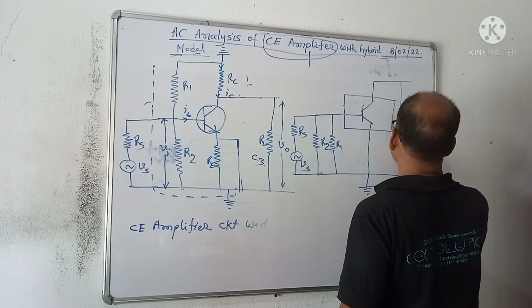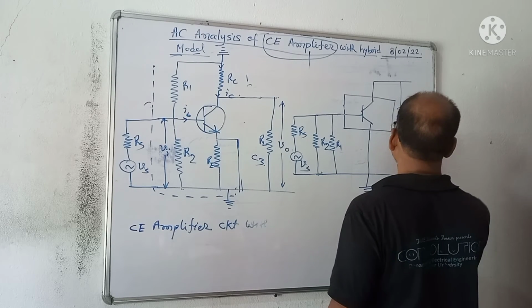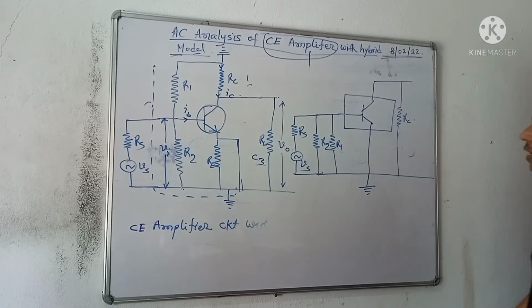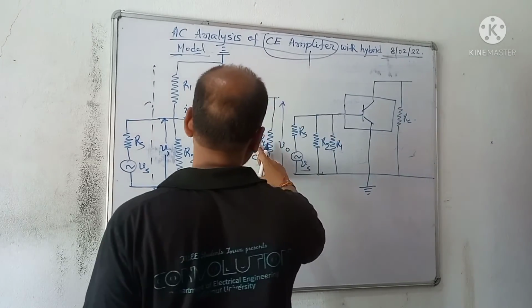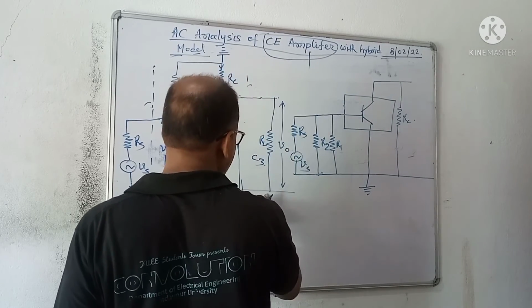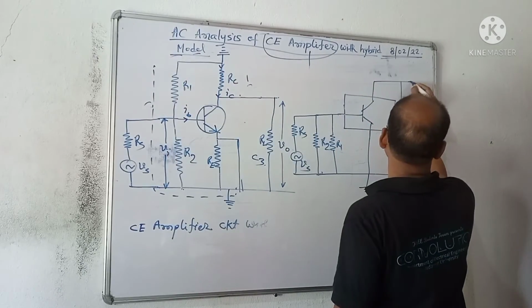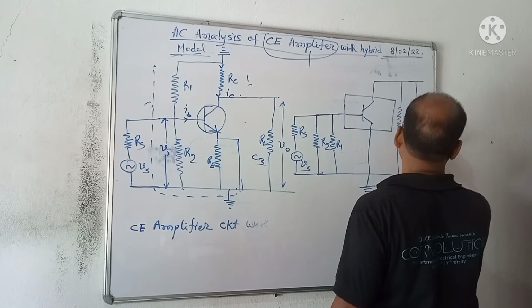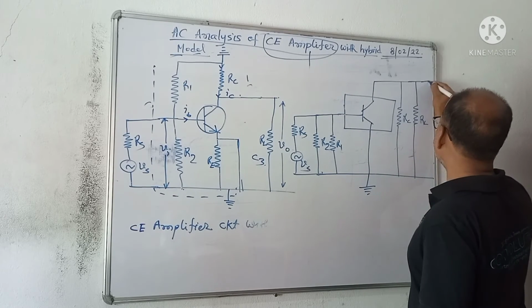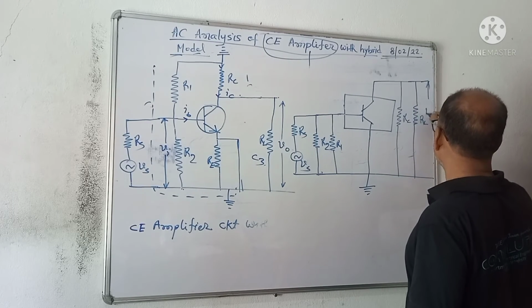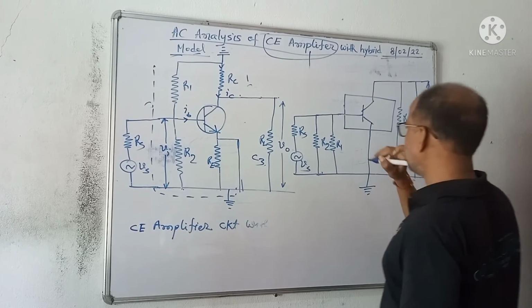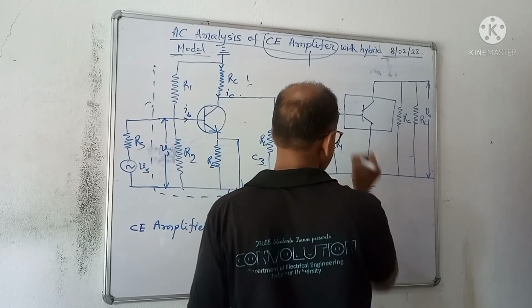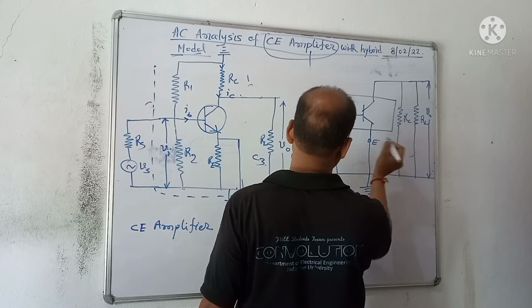Next, RL is also between the collector and the ground. And here it is the V0, here it is IB or II, and here is the emitter.